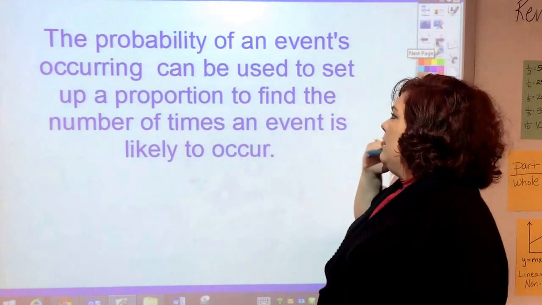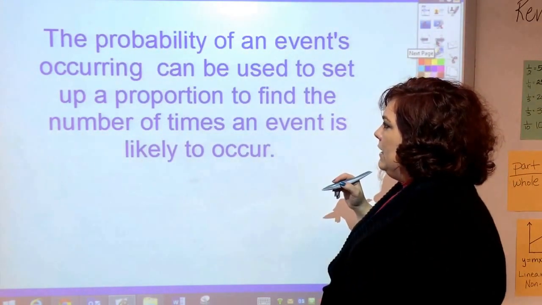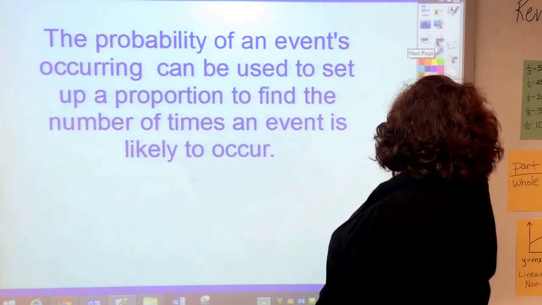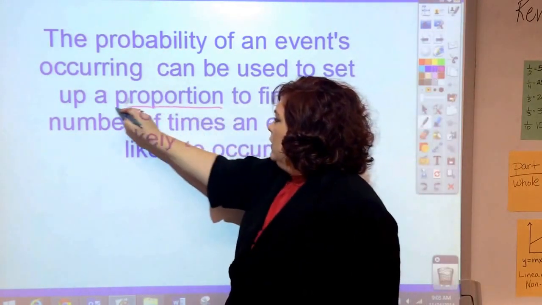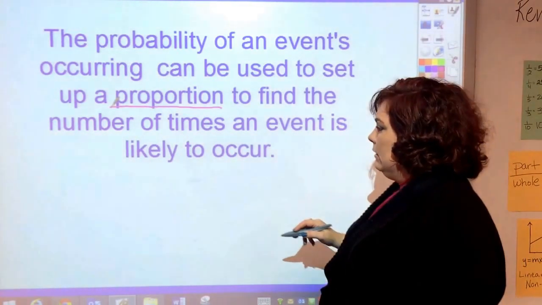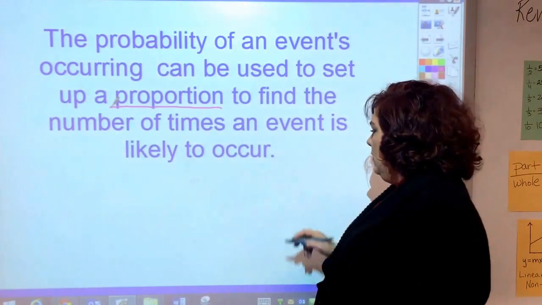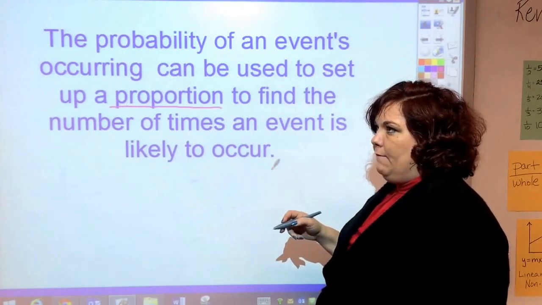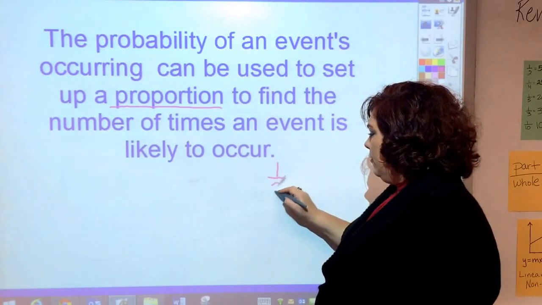The probability of an event occurring can be used to set up a proportion to find the number of times an event is likely to occur. So this is rolling a dice, and if you're going to roll a 5 or a 6, that's 1 out of 3.